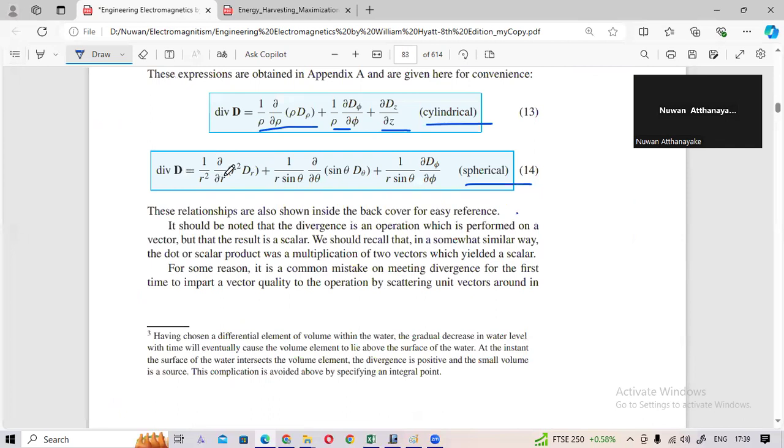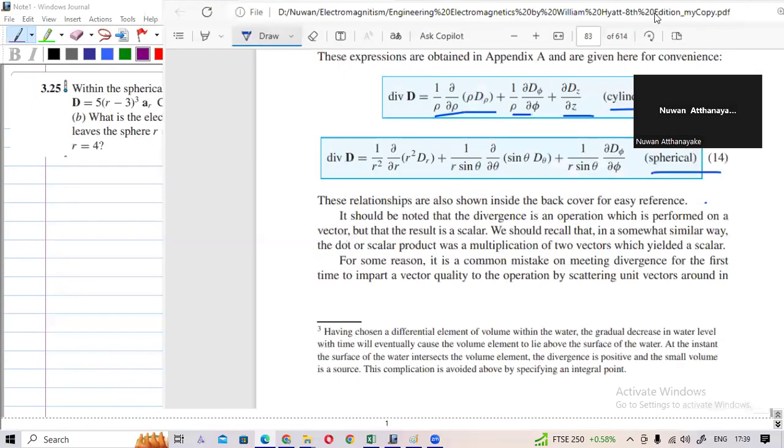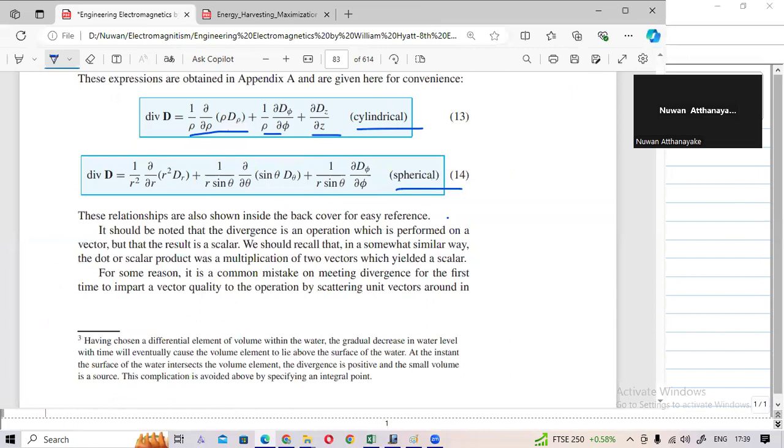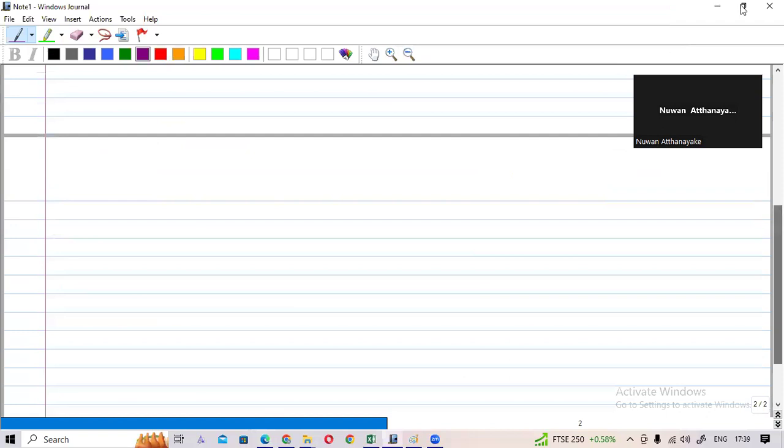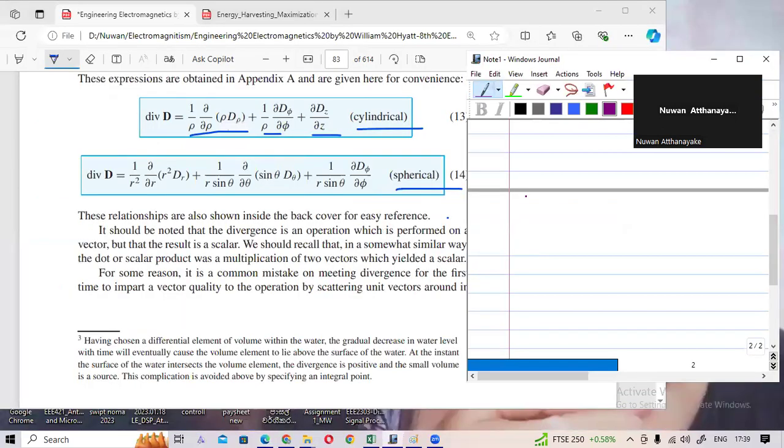So this is the identity. If I write it somewhere here: the divergence of D in spherical coordinates is div D equals 1 over r squared, del by del r of r squared D_r.